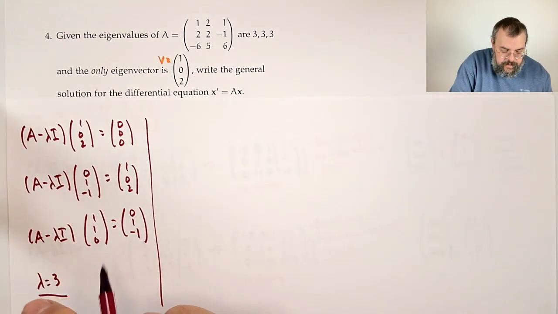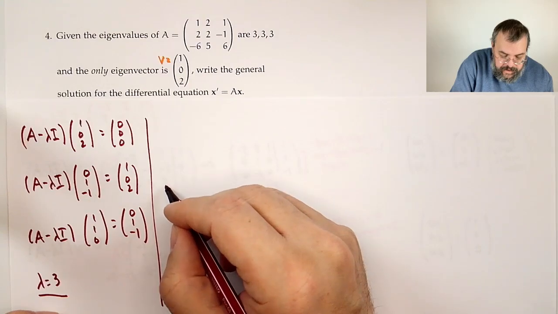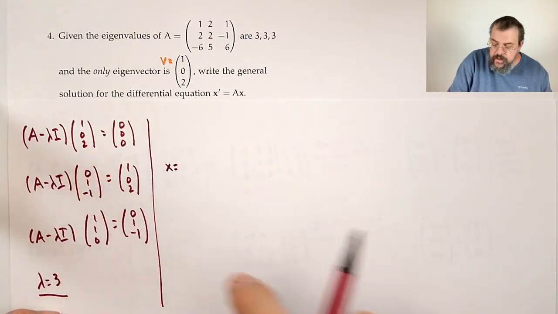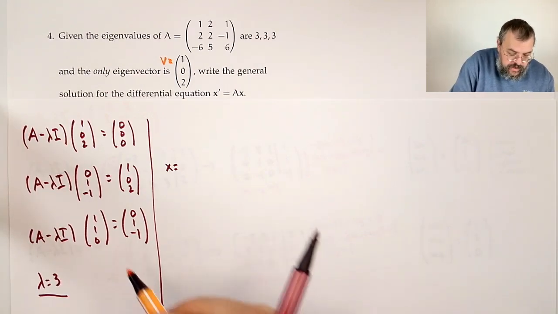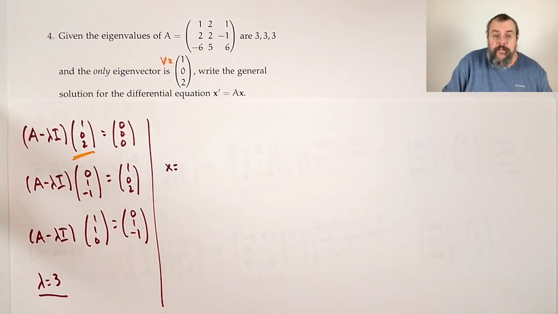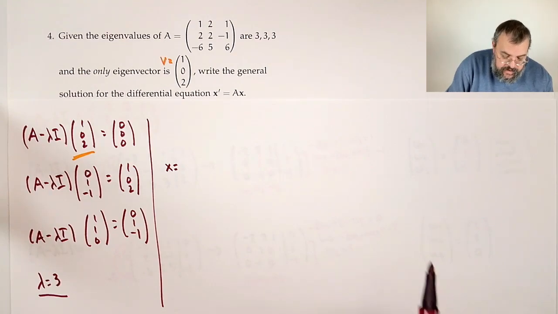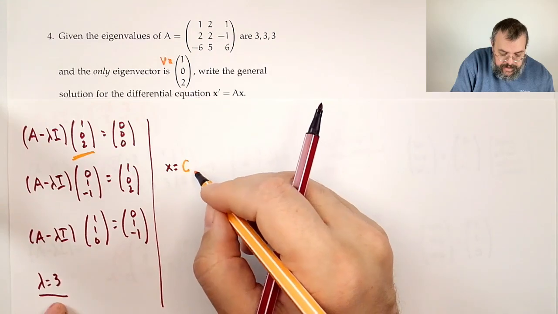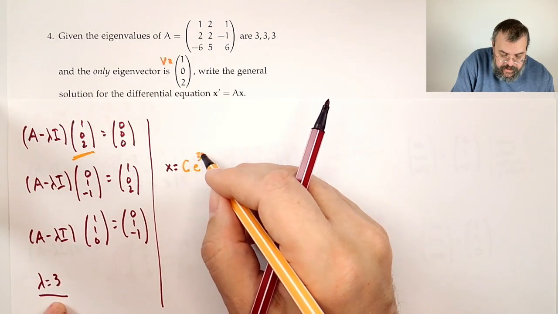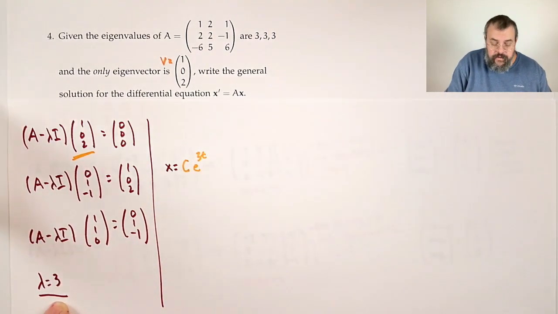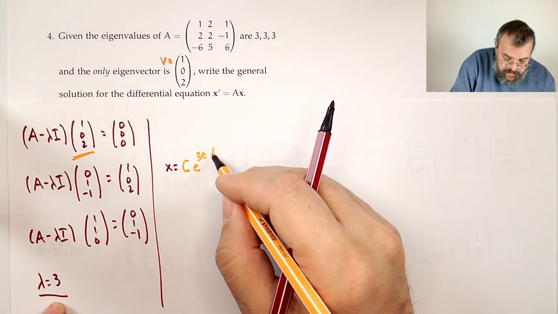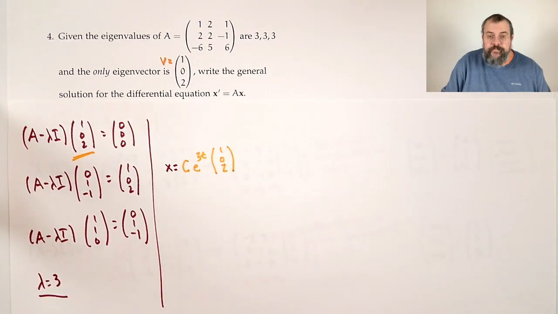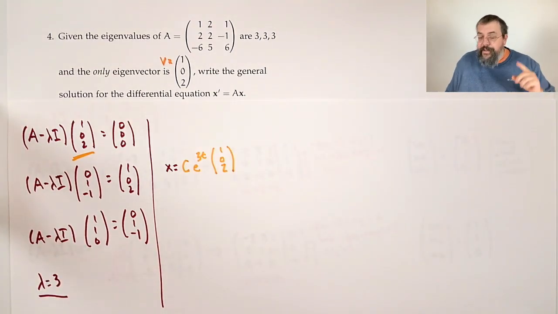We say, okay, x equals, and we start with just our eigenvector. In that case, we're going to have our c, then we're going to have e to the 3t, because lambda equals 3, times our eigenvector 1, 0, 2. Okay, so that's level 1.